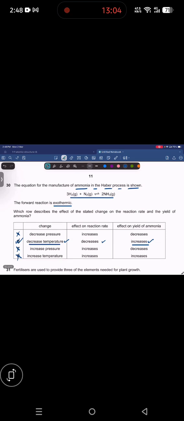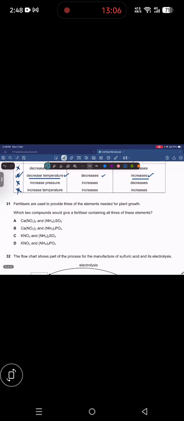Now, next question. Question number 31. For the fertilizer, just keep in your mind N, P, K: nitrogen, potassium, phosphorus. Three elements are very important for fertilizers.